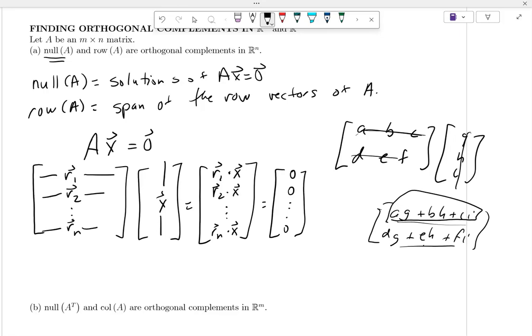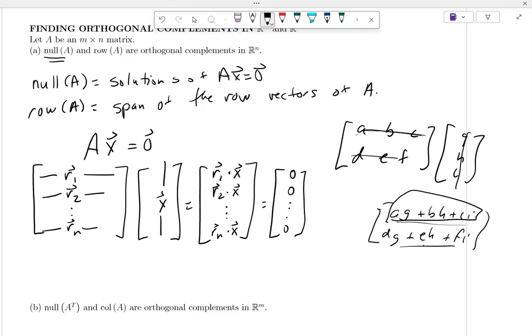If it's orthogonal to every single row, it's certainly going to be orthogonal to any linear combination of the rows. If it's orthogonal to every single one of these, it's certainly orthogonal to any linear combination because of the properties of the inner product. It'll distribute over the sum, and then you can pull all the constants out.